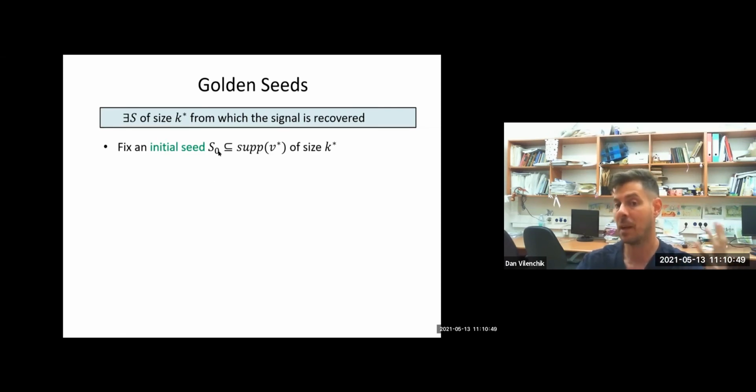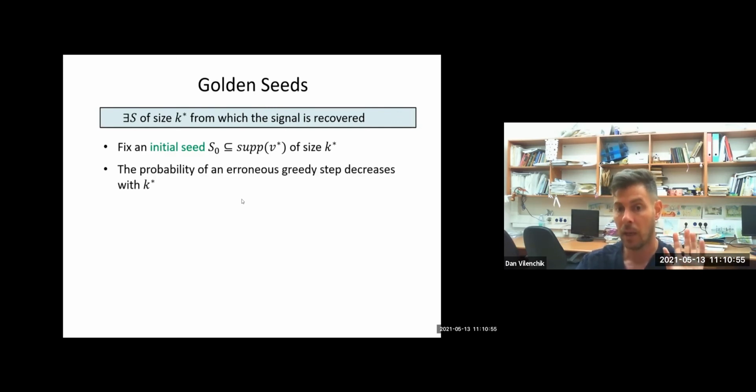So you fix some initial seed, and you look at the seed inside the support of the right size. Now, there are two competing processes. On the one hand, as you increase the seed, the probability of adding an erroneous feature to the seed decreases, right?